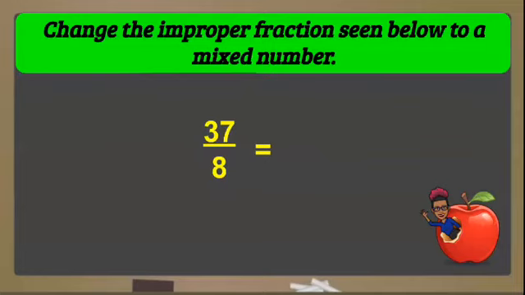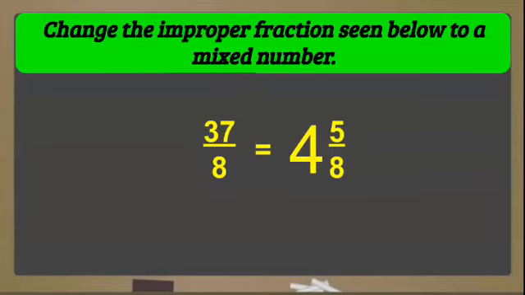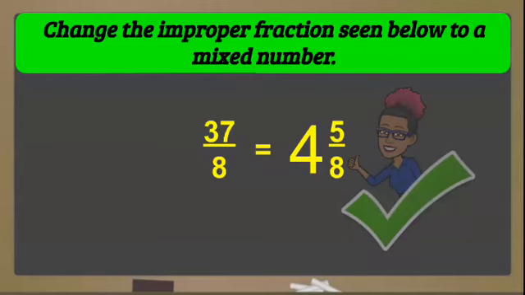Change your improper fraction 37/8 to a mixed number. Our answer would be 4 and 5/8. Notice the denominators in each answer remains the same as the improper fraction denominator.